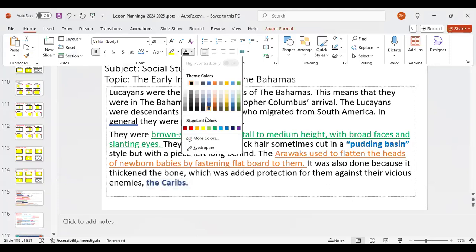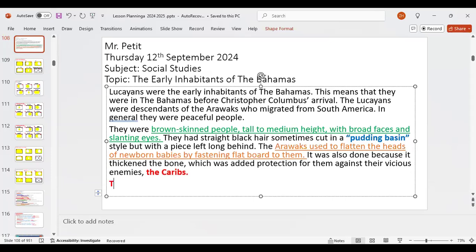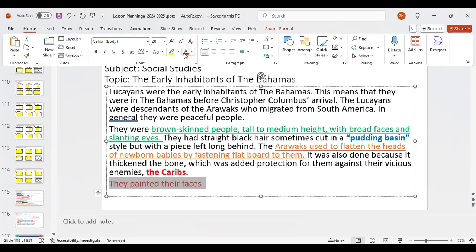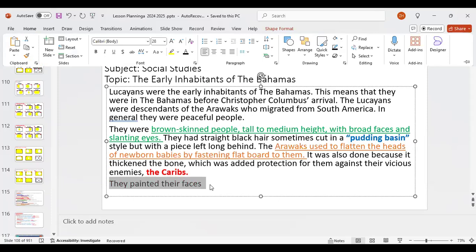Now, whilst the Lucayans were peaceful, the Caribs were a different story. They were warriors. They painted their faces as well. So what colors do you think they used? Red. Red is one. Black. Red, white, yellow, purple, black. Yes.